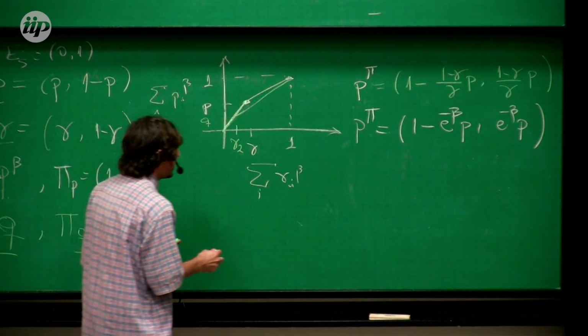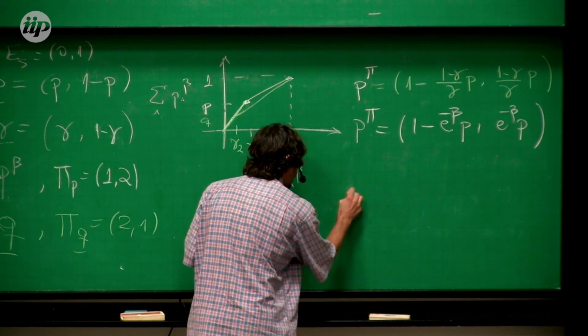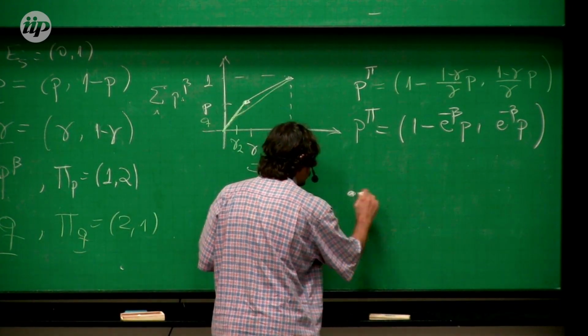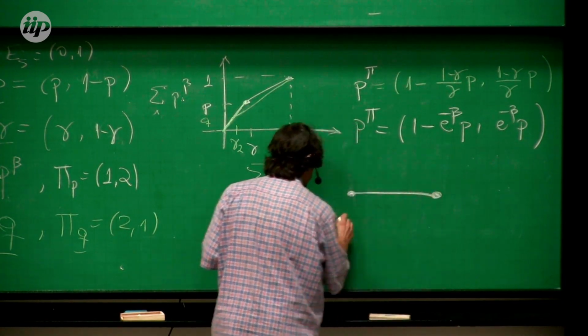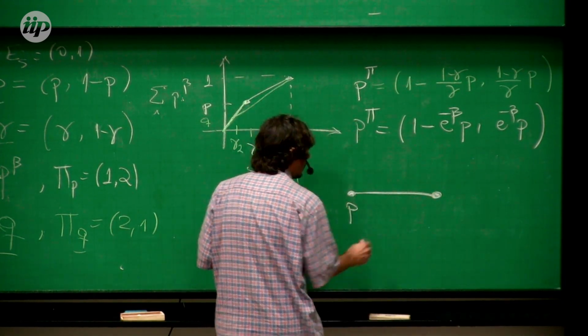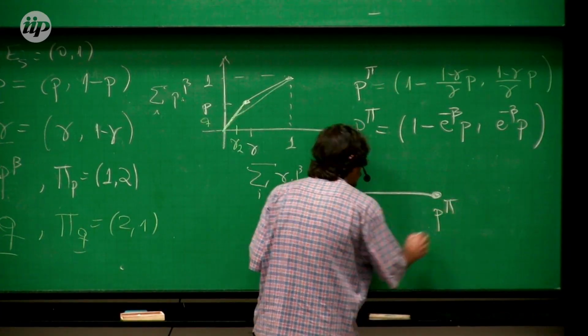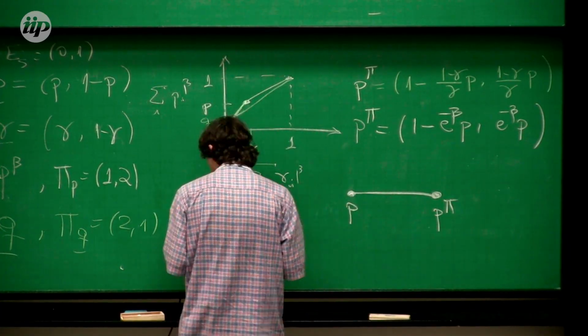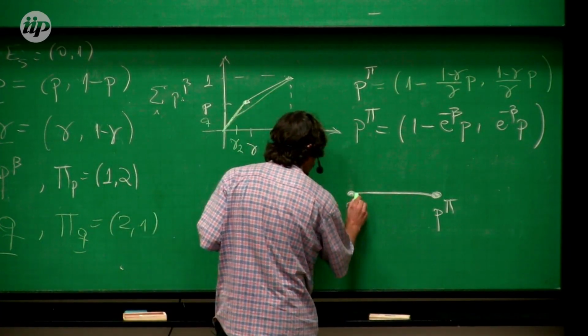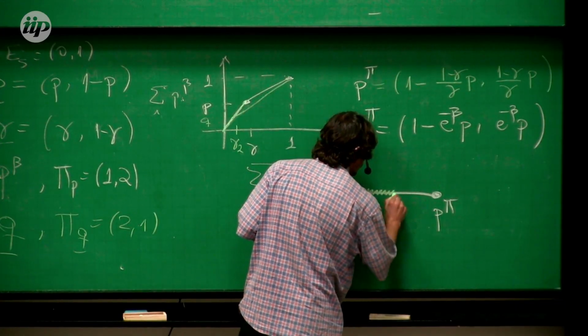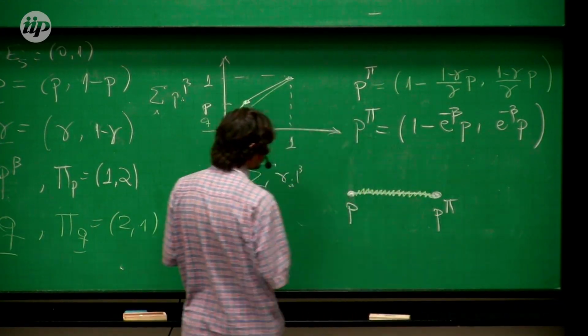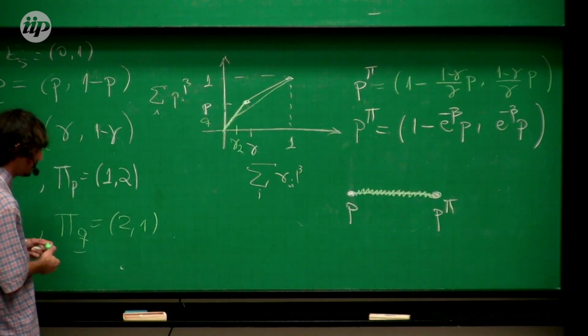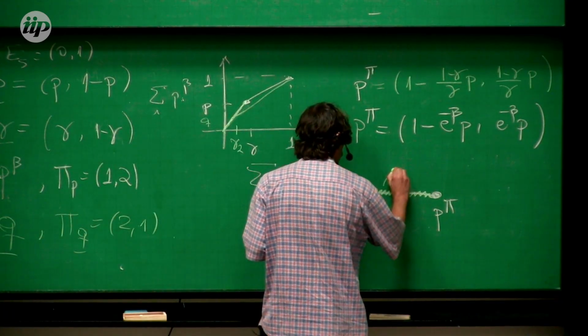So what does that mean? I have a two-level system. The simplex is just a line. If I start at this state P, the best thing that I can do is to map this to p pi. And everything which is between these two states, I can achieve. Good. And this is the future thermal cone for this bit.